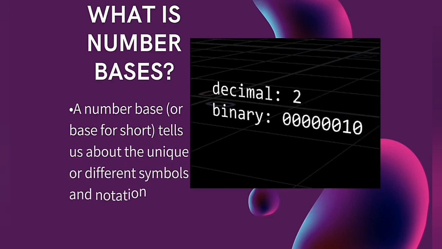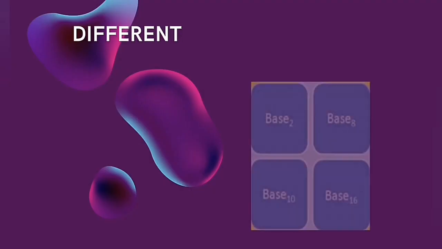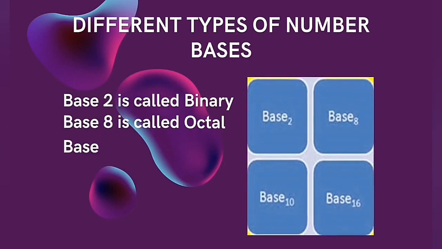Once again, a number base, which we can also refer to as base, refers to the unique or different symbols and notations that they use to represent value. Now let's look at the different number bases.